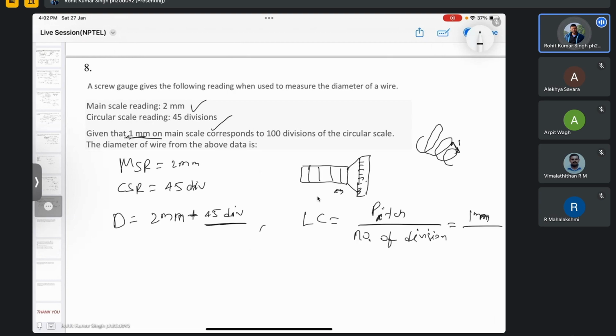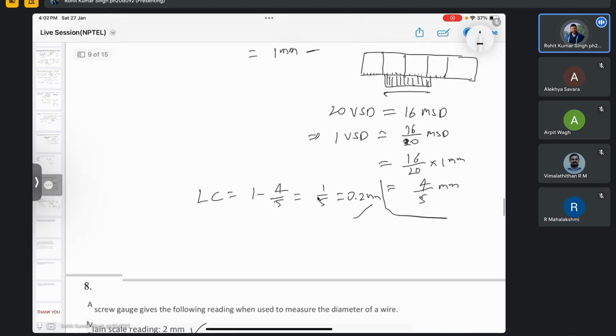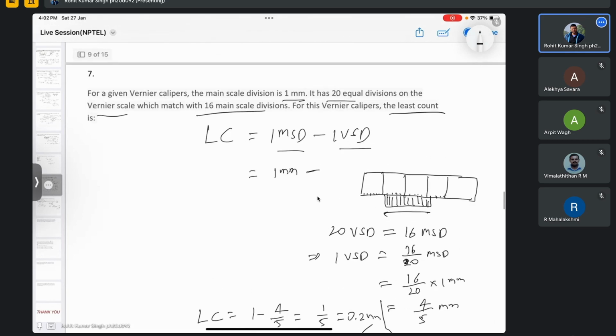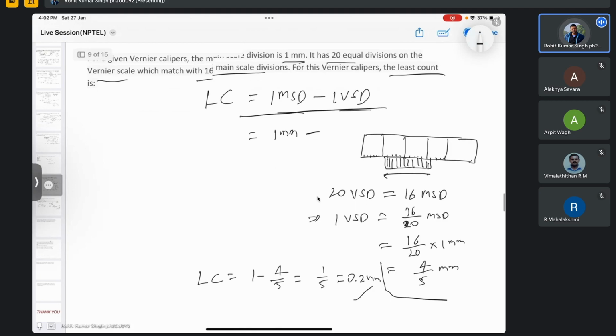The number of divisions is 100. So the least count is 0.01 mm. This least count is the same as the one we derived earlier.